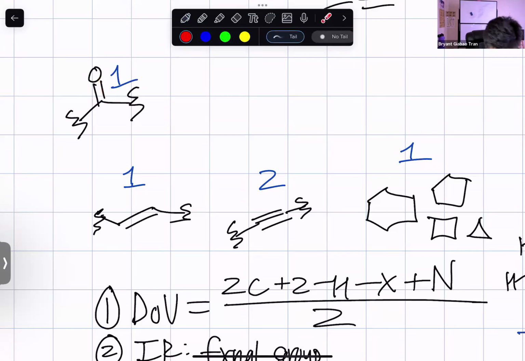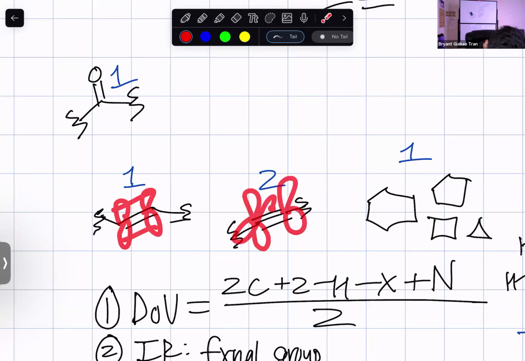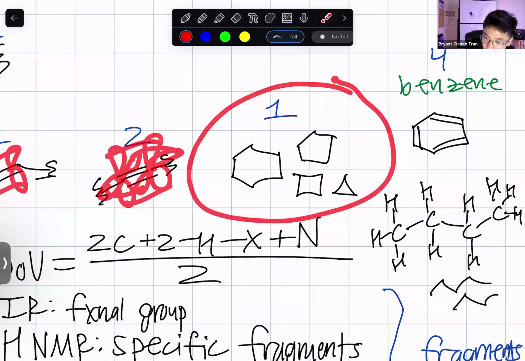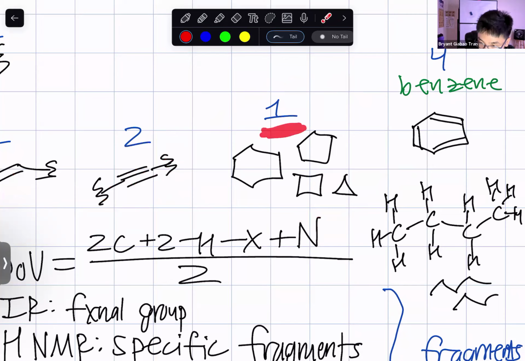Doesn't matter if it's between carbons and carbons or carbons and oxygens. DOU can be equal to pi bonds. That's a good way to think about it. Alkene here, there's 1 pi bond, 1 DOU. Alkyne, there's 2 pi bonds, 2 DOU. Except cycloalkanes. Cycloalkanes have 0 pi bonds, but they still have a DOU of 1.